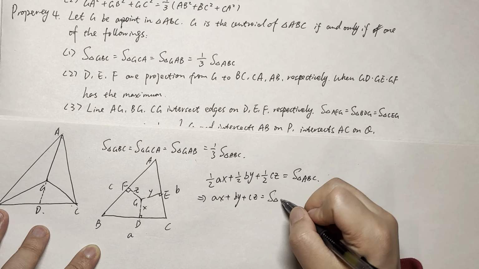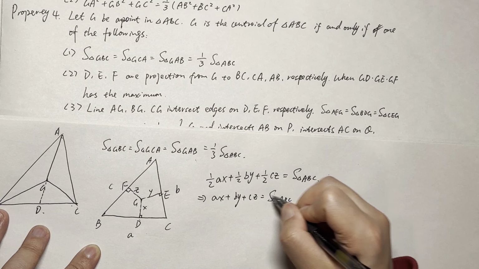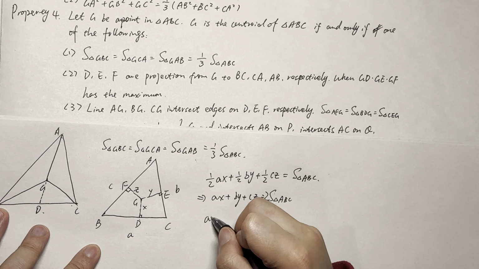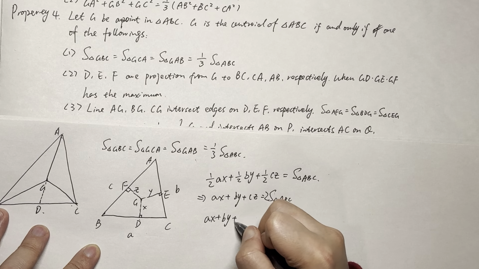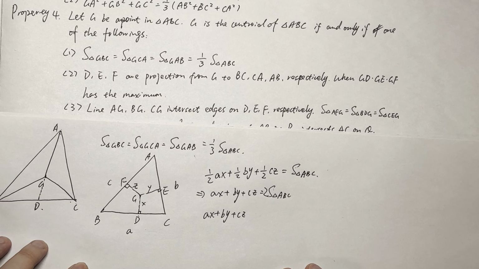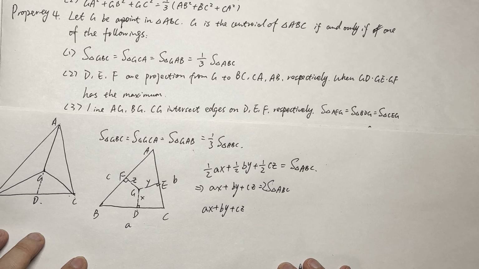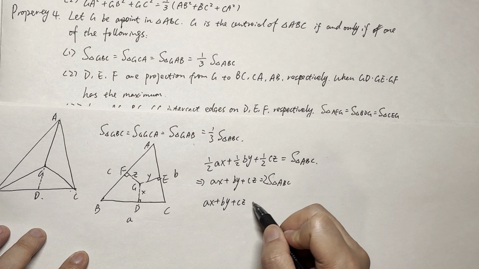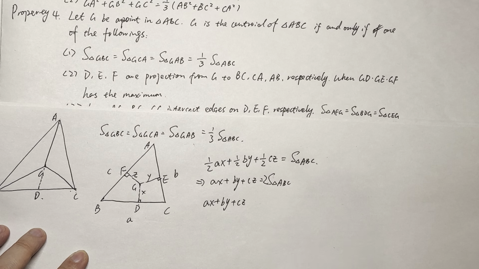It equals twice the triangle area, right? And we already know that ax plus by plus cz, so this is a constant, right?